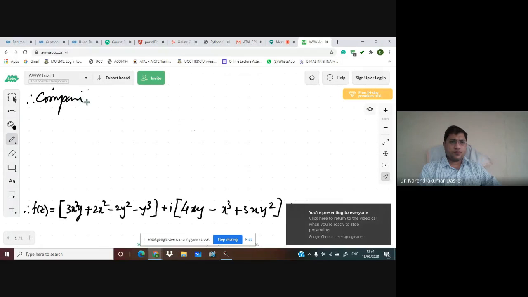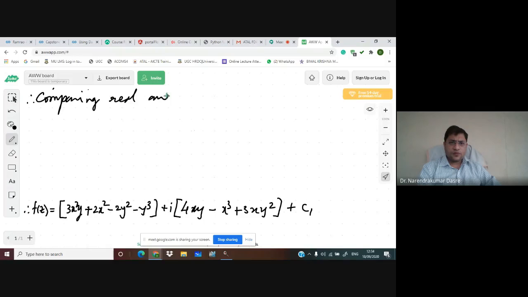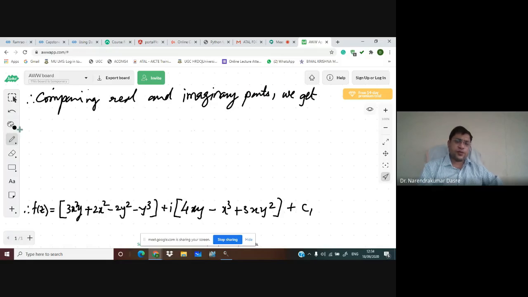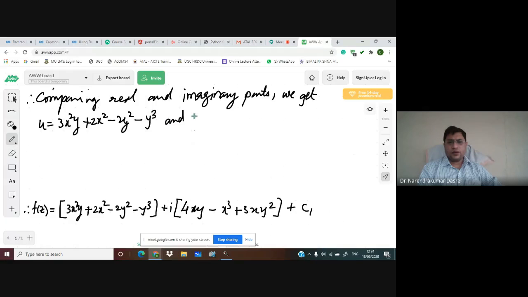Comparing real and imaginary parts, we get u equal to 3x square y plus 2x square minus 2y square minus y cube, and v equal to 4xy minus x cube plus 3xy square. Okay, so that's what the terms we have.